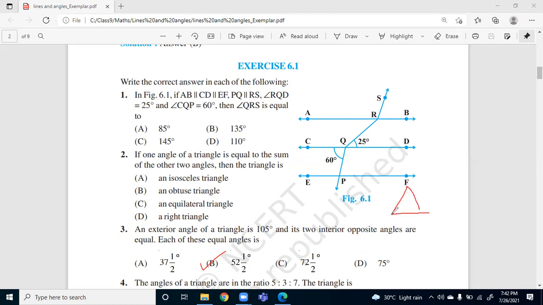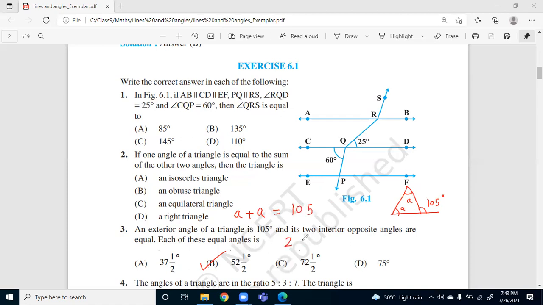So see how we need to do it. If I say this is my exterior angle, it is 105 degrees. The exterior angle measure is 105 degrees and the two interior opposite angles are equal. So if I say they are A, I can write A plus A, the sum of the two interior opposite angles, is equal to the measure of the exterior angle.